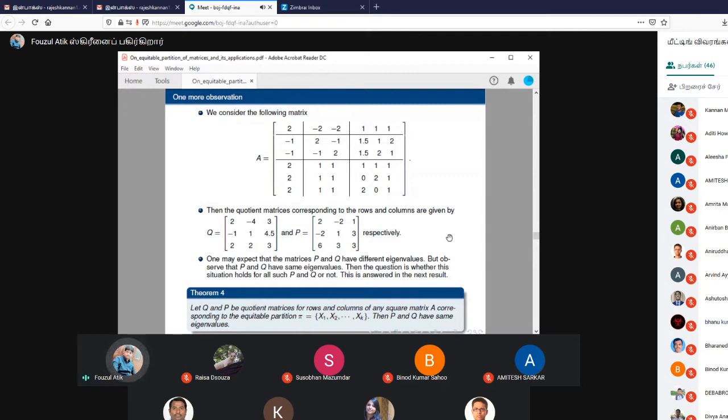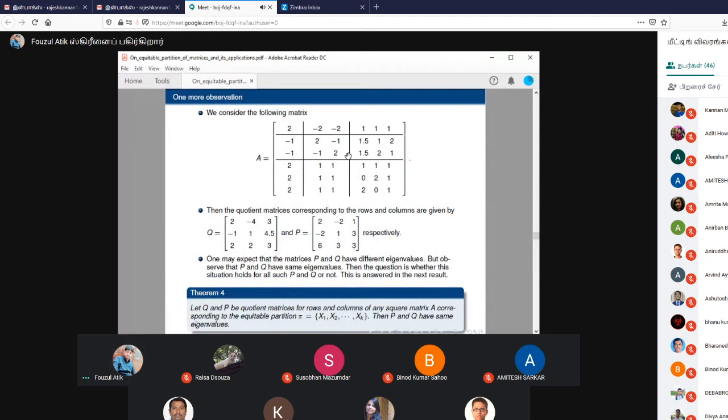Till now, whatever we have said concerned the actual eigenvalues. Now, suppose we have a bigger matrix A, which may be of order 100 by 100, and we have a quotient matrix of order 2 by 2. As I said, for the case of the generalized Petersen graph, this kind of case will also come. The eigenvalues of this matrix Q are easy to calculate because it's a 2 by 2 matrix.